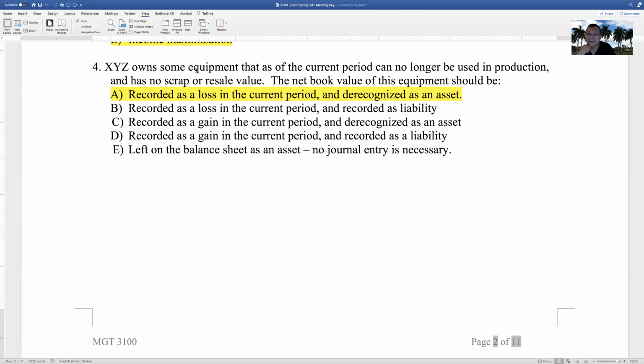You believe it is worth 100, but you can't resell it for 100. It's $0 value. So then you recognize a loss in the current period, and de-recognize this asset. So the answer is A.